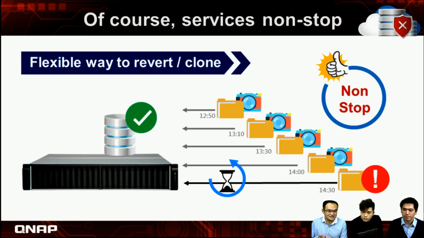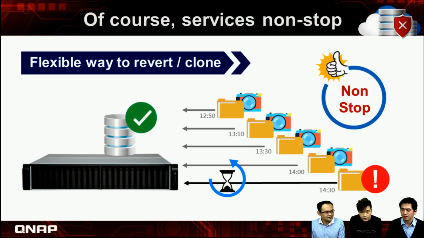For the QES snapshot function, no matter if you want to take a snapshot, revert a snapshot, or clone a snapshot, the service will not stop. So you mean we can just keep the NAS working, and the revert, clone or taking a snapshot will just keep on going? Yes. So it will not stop the NAS from working, and it just keeps working non-stop. Okay. Good. That is a very good way.